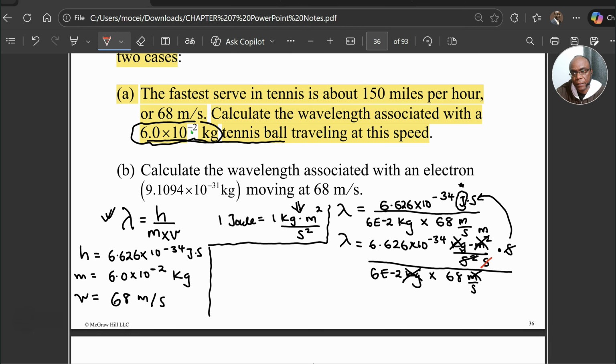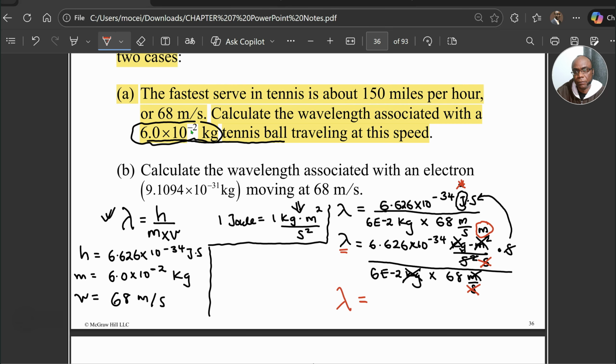And then this denominator S will cancel out with this denominator S. Now you can see why I wanted to convert the joules to kilogram meter squared per second squared. The only unit left is a meter, which is good because we are looking for wavelength.